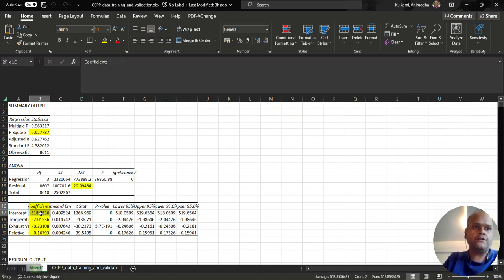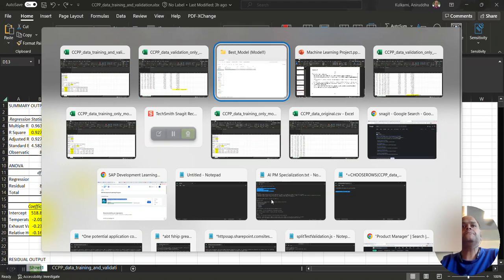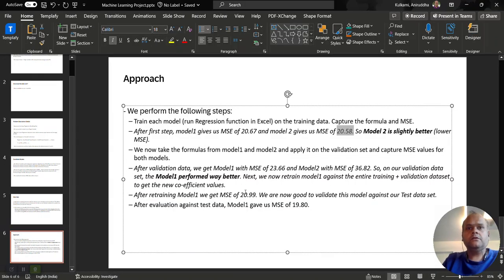We get the coefficient values, of course, the new ones, and we get an updated mean squared error value of 20.99. So this is, let's say, model 1's final mean squared error on the entire training and validation dataset. So 20.99 is the final MSE of our model 1, and we are now good to validate this model against our test dataset.